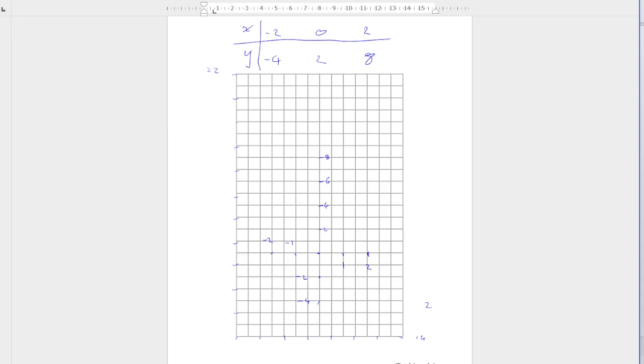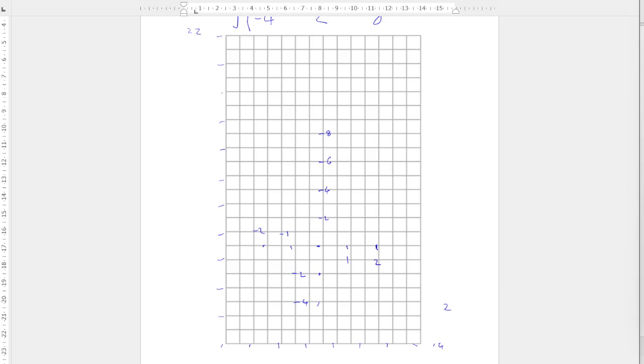Right, can I put a ruler in? I can't. Alright, so I'm going to use a ruler just to draw those lines. Okay, so I can't really get a ruler on my screen. I'm using a ruler on my screen, so it's not technically a ruler, but it's a plastic ruler on top of my laptop screen, which will do. Okay, and actually I've drawn that not quite where I wanted it.